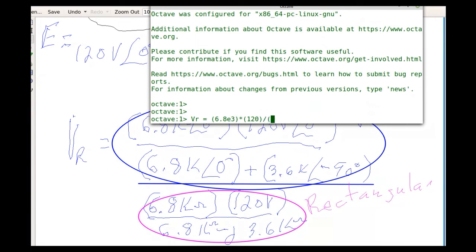Now, this is the rectangular form. Okay, so I'm putting this in rectangular. And Octave is always going to give me the answer in rectangular anyhow.